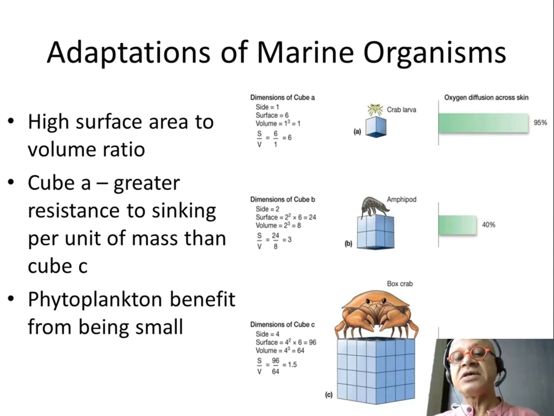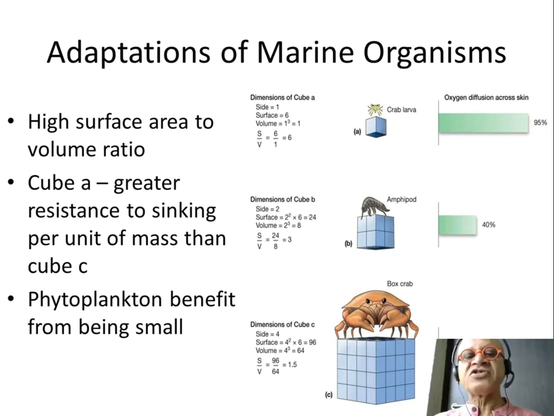Now let's say we take an amphipod, which is a bigger cube with the side of 2. So you now have the square area of 2 squared times 6 faces, so you have a surface area of 24. Very simple. And the volume is of course 2 to the power of 3, 2 cubed, which is 8.